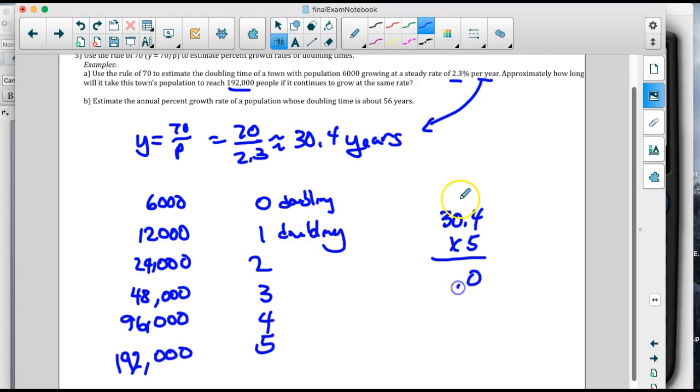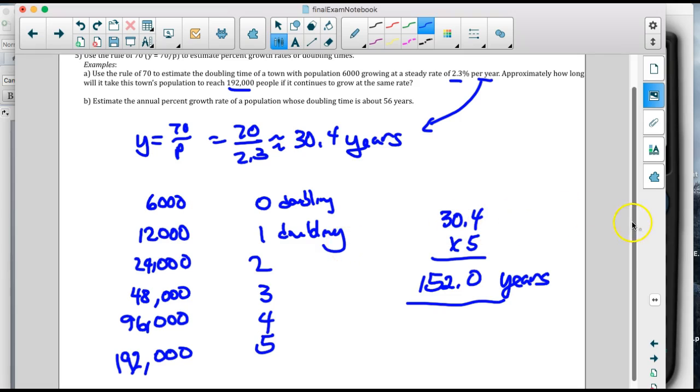That would be about 152 years to reach 192,000 people, because it would take 5 doubling times.